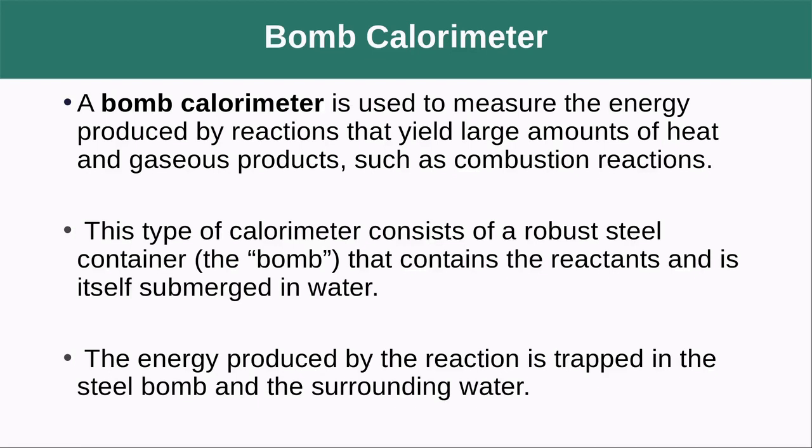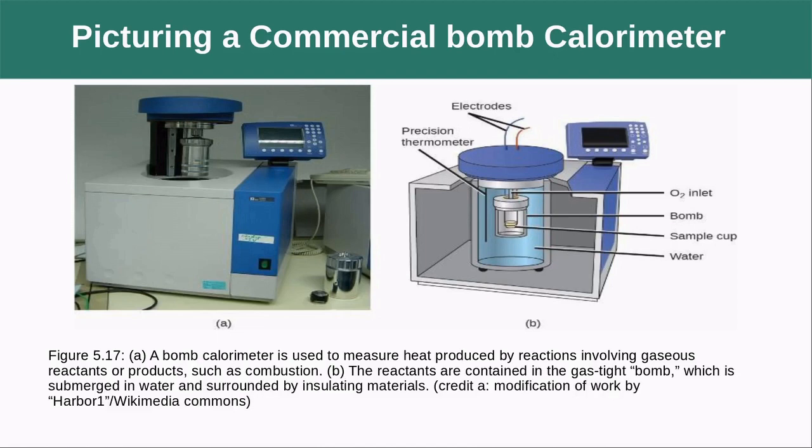Basically, we're going to take a vessel that they call a bomb. It's usually made out of very thick metal alloys, very tough little guys. And we're going to charge that up with a whole bunch of oxygen. So something like 25 atmospheres typically of oxygen would go into these little bombs, okay? So that's just waiting to burn up.